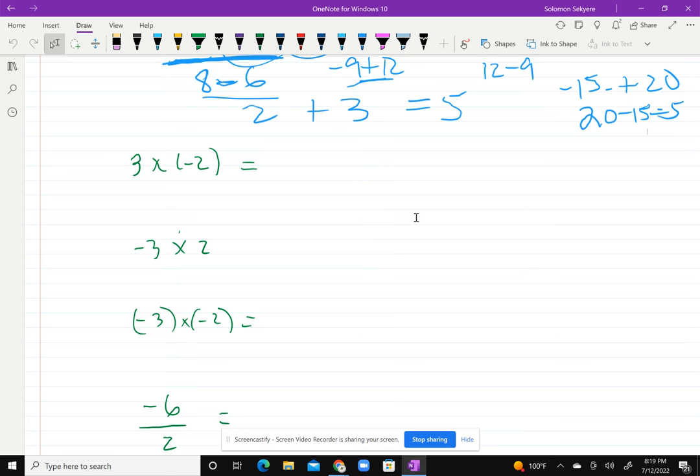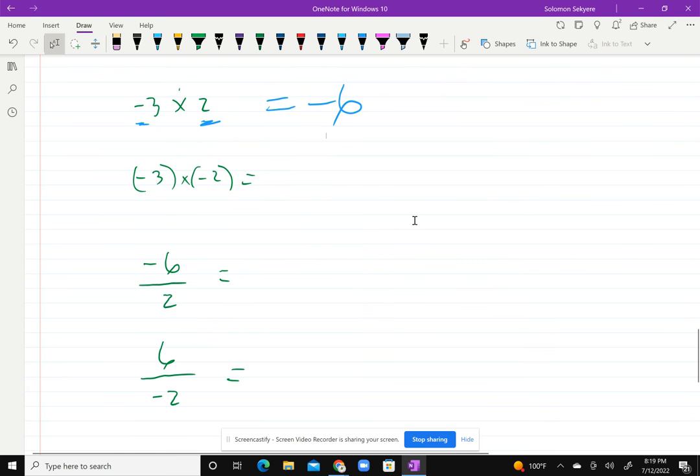Let's do some multiplication. A positive number times a negative number will give me a negative number. Positive times a negative, or negative times positive, will get me a negative. If I have two negatives, negative times negative is the same as 3 times 2.